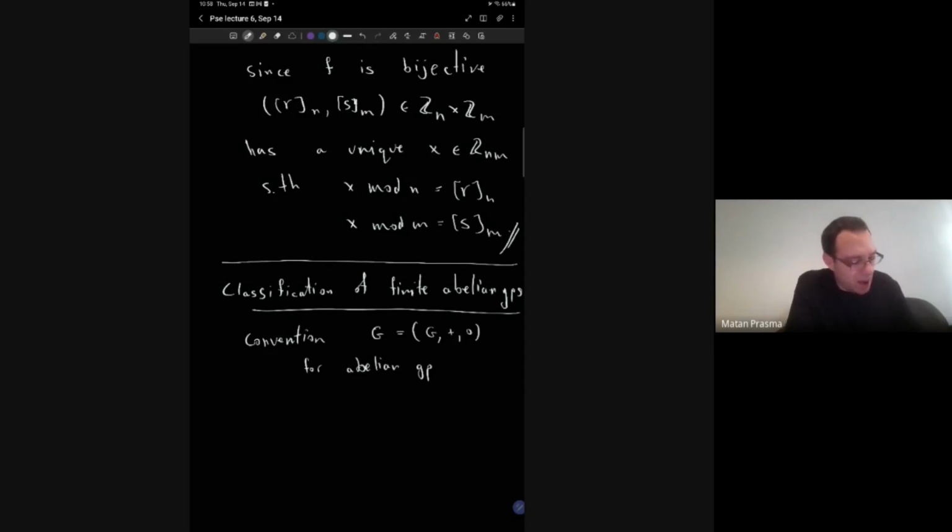And I write G plus H for the Cartesian product. Okay, this plus is coming from this convention. So instead of using multiplicative, we transfer into additive notation.